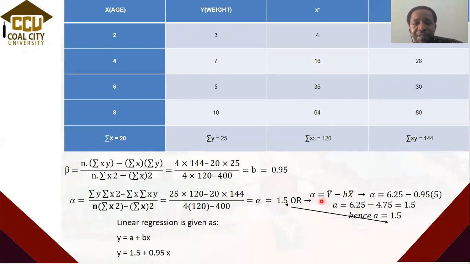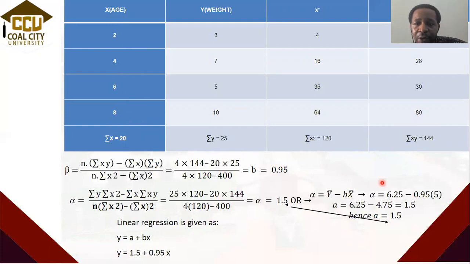Then you can just simply say alpha is equal to y bar minus beta times x bar value. Now, that simply means we have to look for the mean for the x variable. For the x variable, the mean is 20 divided by 4, the amount of variables.